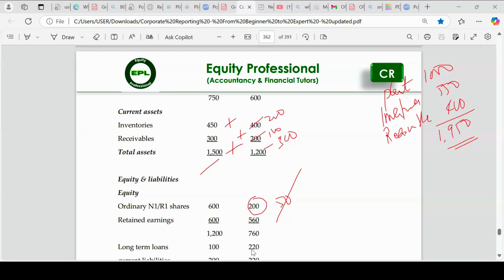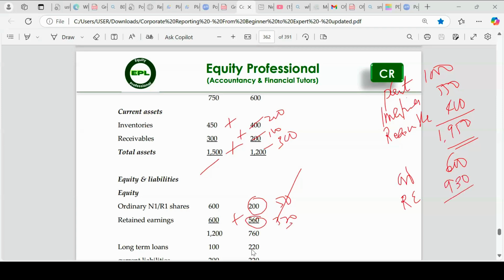All right. Ordinary share capital of the parent is 600. The retained earnings, I think this was 330 the other time. So if I do 600 plus 330, we get 930.